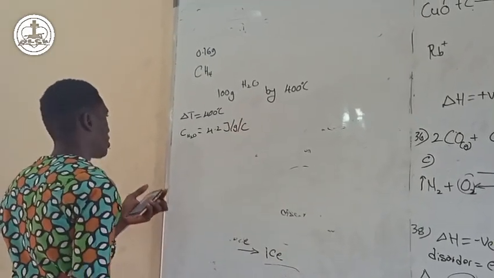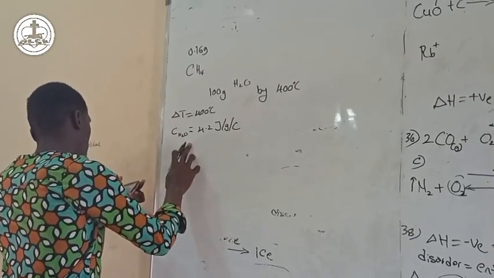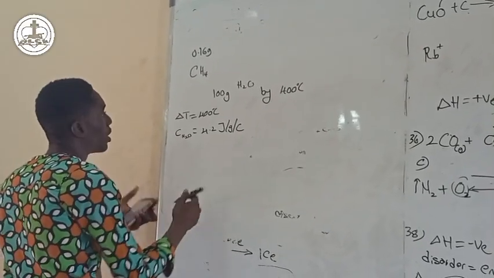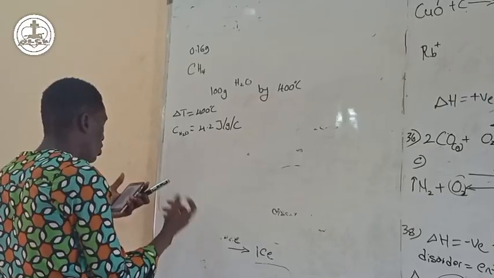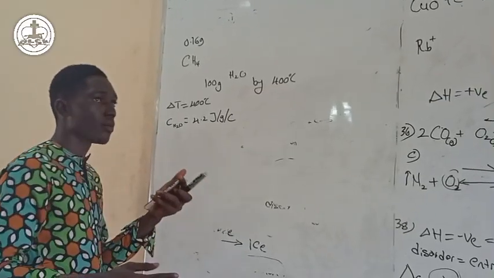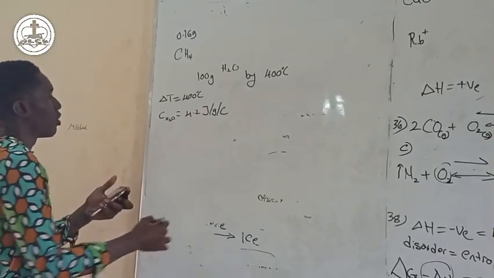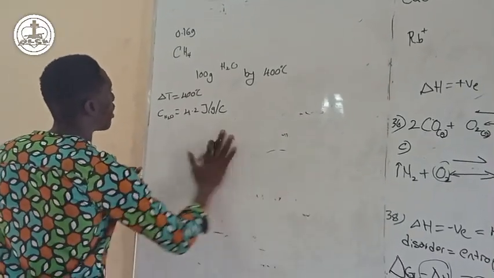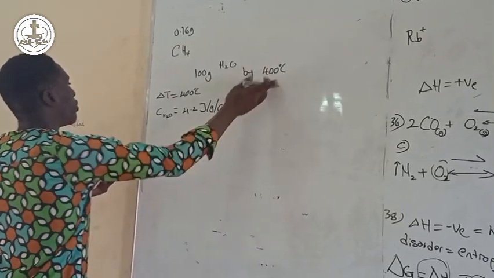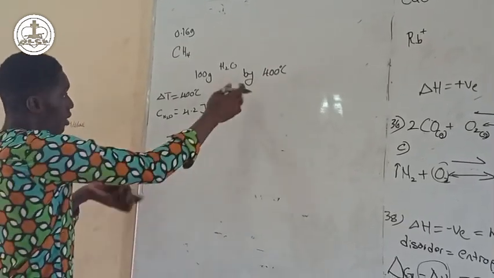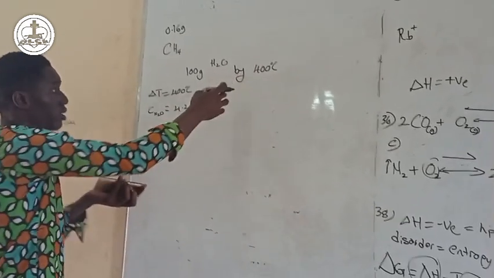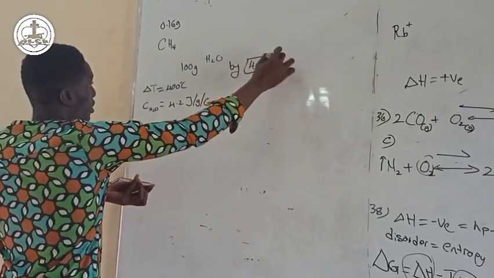So this is the heat capacity of water. So I'll calculate the combustion heat of methane, because methane was used to heat up the water, a temperature increase of 400 degrees Celsius.